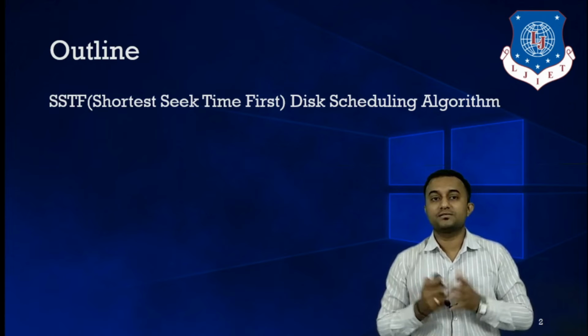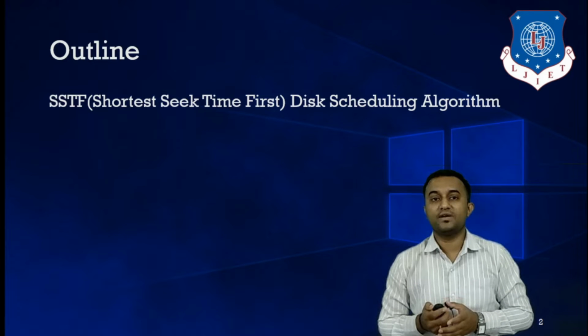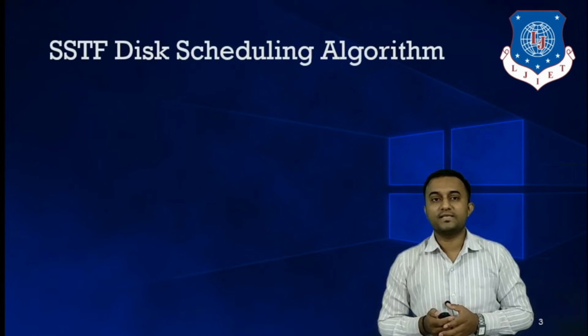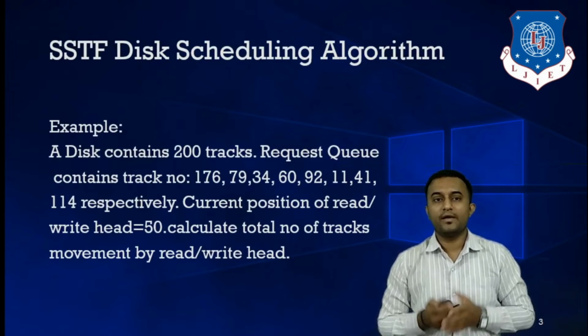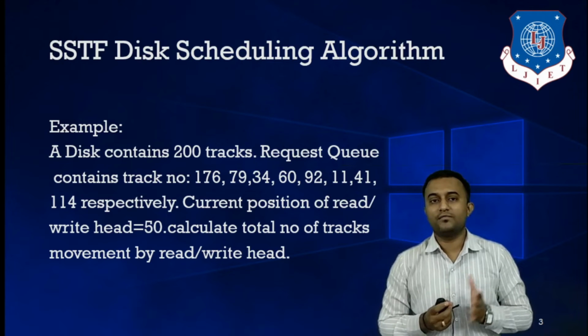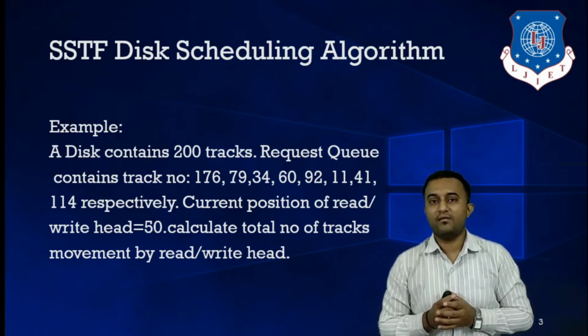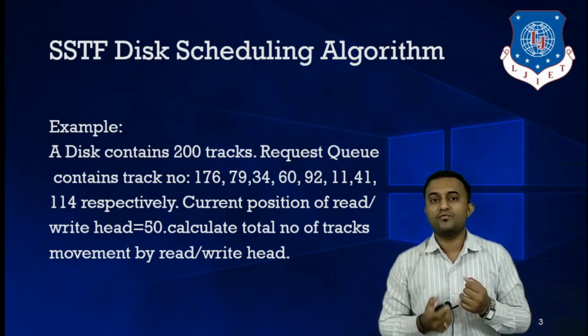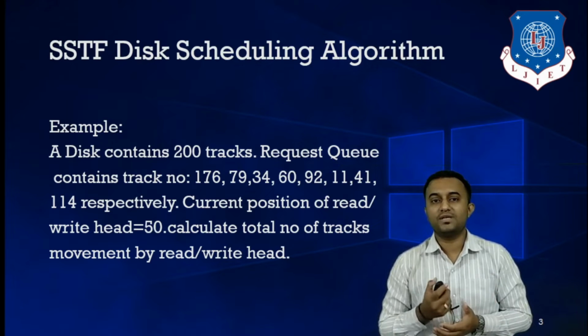Let us discuss the working of SSTF in detail with the help of one example. As you can see in the example, a disk contains 200 tracks, as I told you in FCFS also, the same number of tracks we have, and the request queue contains the same track numbers: 176, 79, 34, 60, 92, 11, 41, 114 respectively.